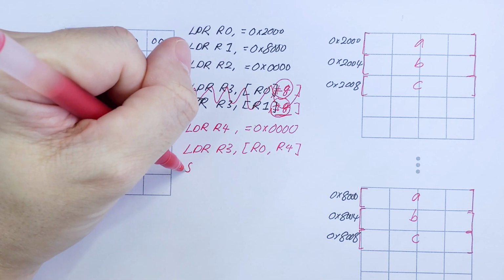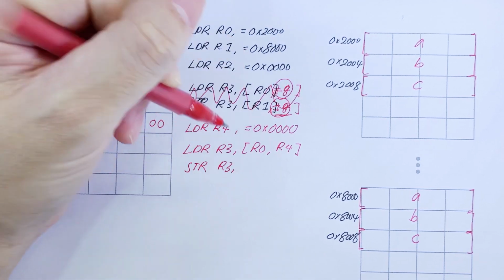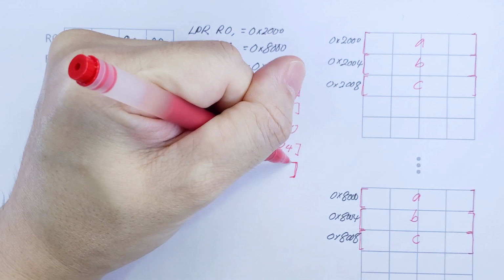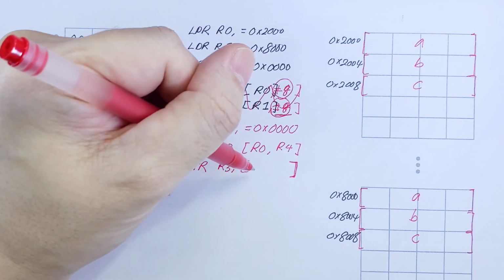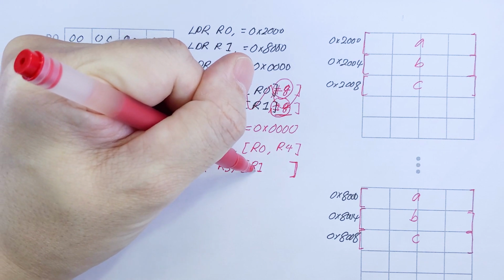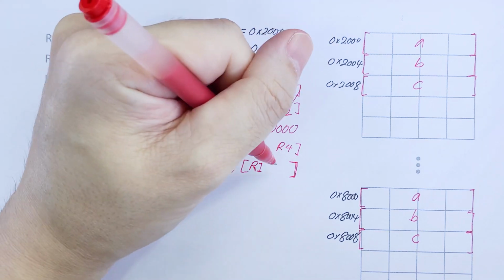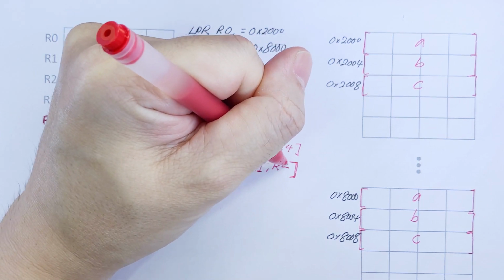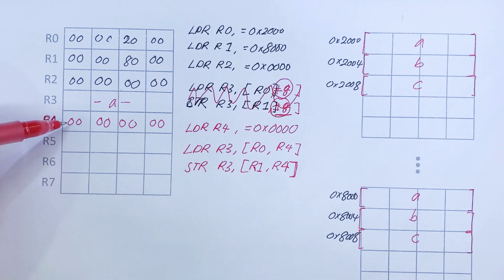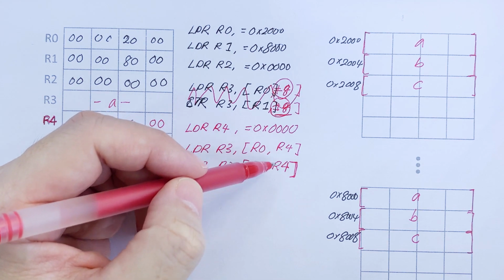For the same thing, we can repeat the process by storing R3 back to the memory, where the address of the memory is given by R1, and I also would like to offset it with R4, although the current R4 is 0, as we saw just now.